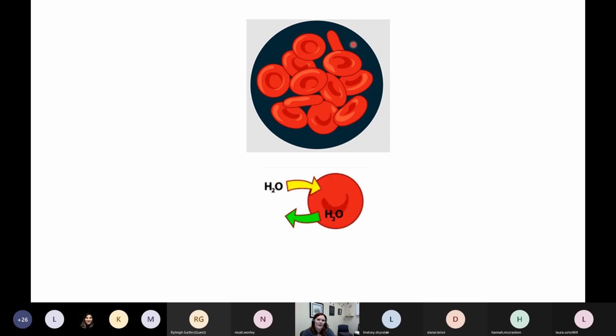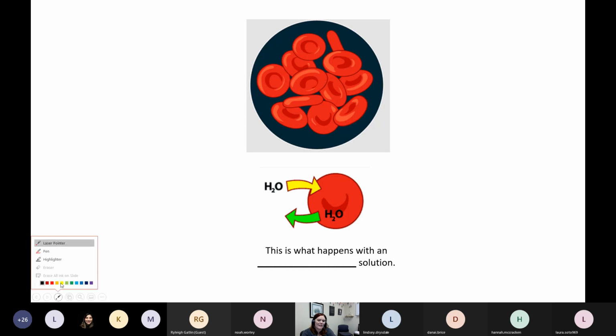Red blood cells in your body, we should have an equal amount of water going into our red blood cells as is going out of our red blood cells. This is what happens when we're looking at an isotonic solution. In isotonic solutions, osmosis is happening at the same rate of things going in as things going out.